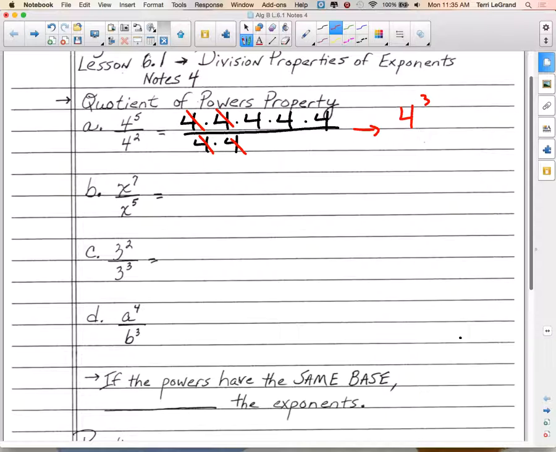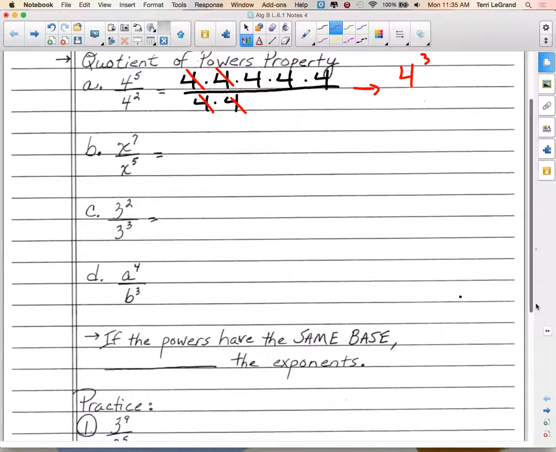Okay. So let's take a look at the next one. Let's just do it as what it really means and how much we can cancel. And so we have x to the 7th power, which means what? 7 factors of x, right?